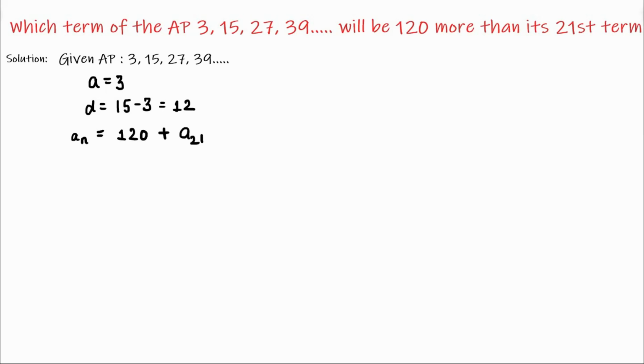Now substituting the formula, we get a plus n minus 1 d equals 120 plus a plus 21 minus 1 d.